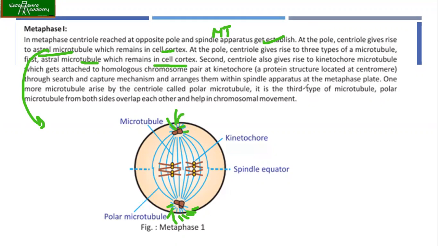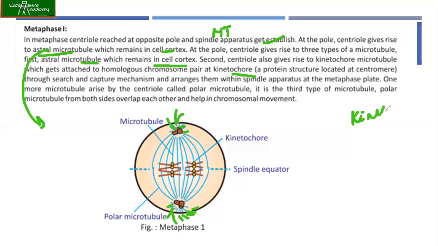Okay. And then centrioles also give rise to kinetochore microtubules, which get attached to the homologous chromosome pair at the kinetochore. Again, very much similar. This is something which we have already learned in the metaphase of mitosis. And then the third one is called the polar microtubule. These microtubules help in the movement of the chromosomes with the help of microtubule motor proteins. Now, what are those motor proteins?